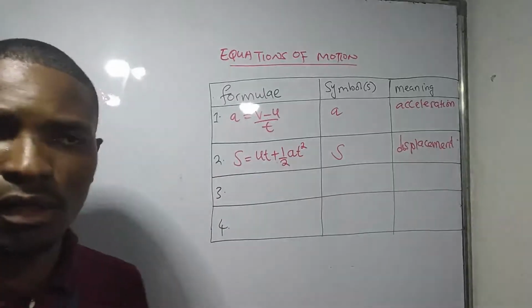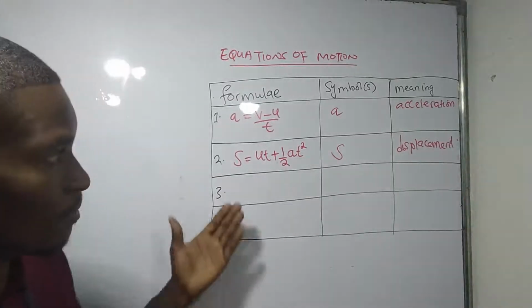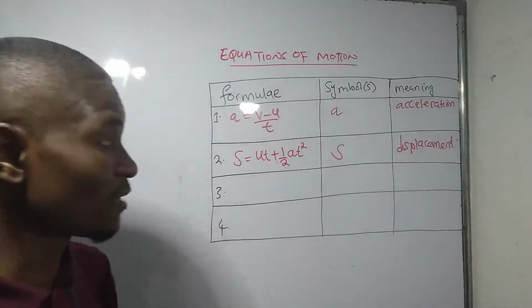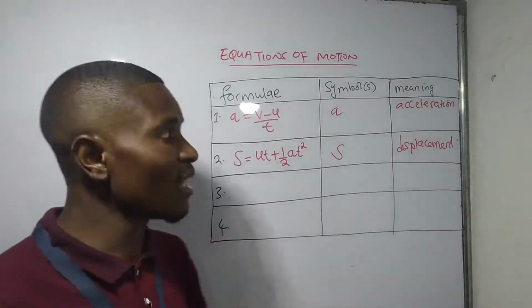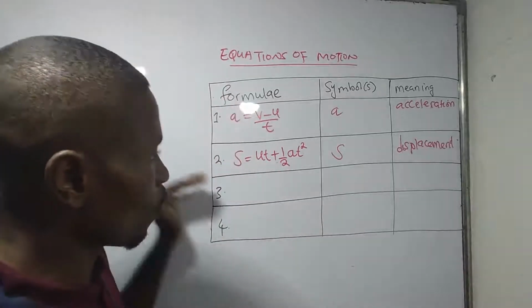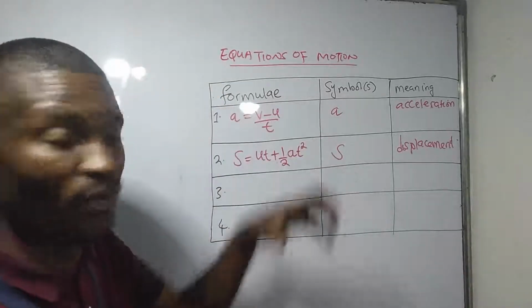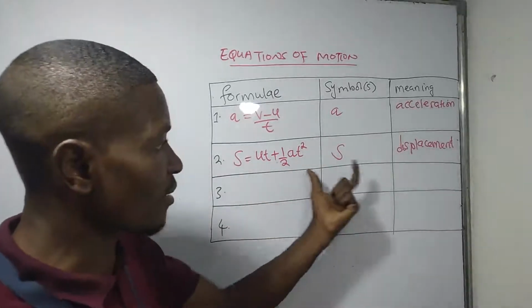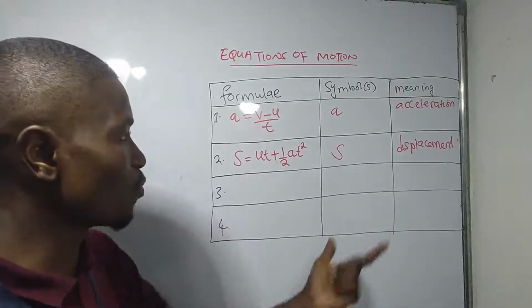Whenever you come across the symbol S in physics, just know that we are looking at displacement. Of course, that is the same symbol used for speed, but with respect to this topic, make sure you understand that the symbol S stands for displacement.